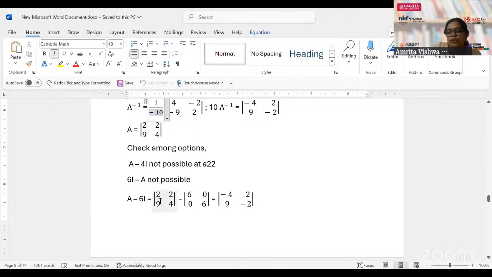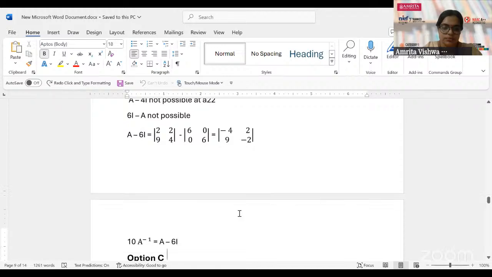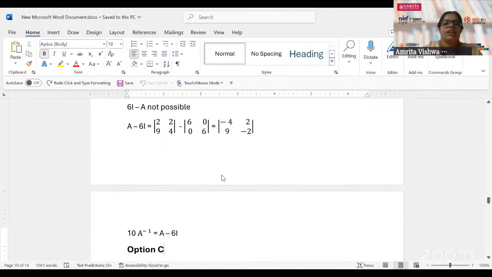A is going to be 2, 2, 9 and 4. 6I is 6, 0, 0, 6. If I substitute this, 2 minus 6 is minus 4. 2 minus 0, it's 2. 9 minus 0, it's 9. 4 minus 6 is minus 2. So I got 10A inverse. So that's how you have to solve this question. So 10A inverse is A minus 6I and that is option C.